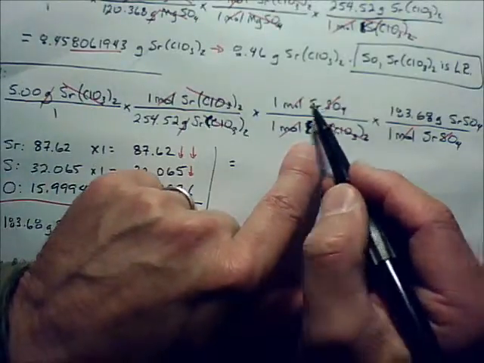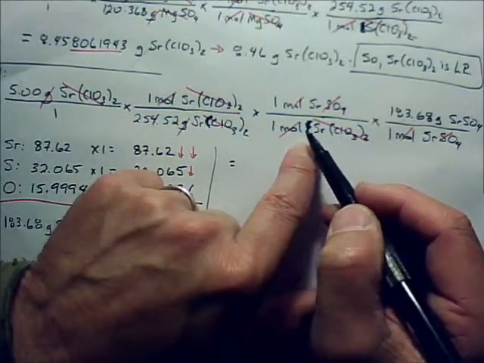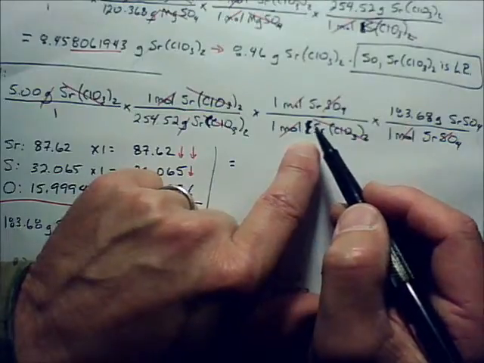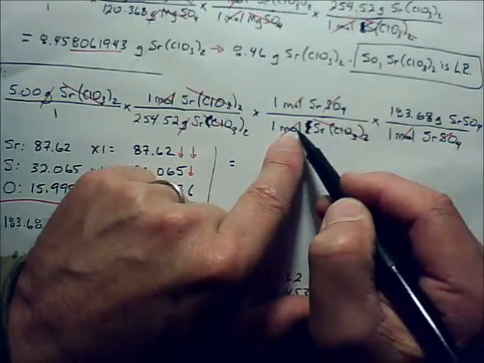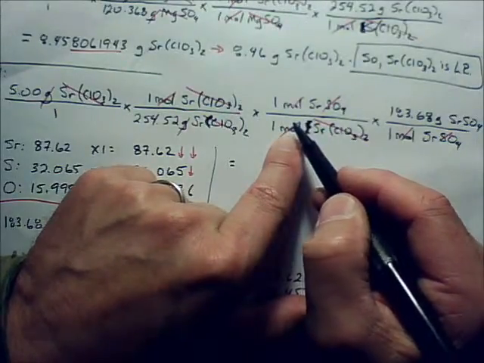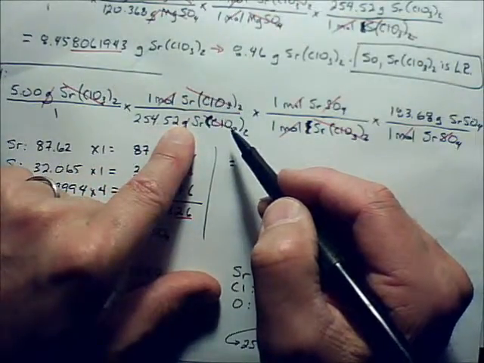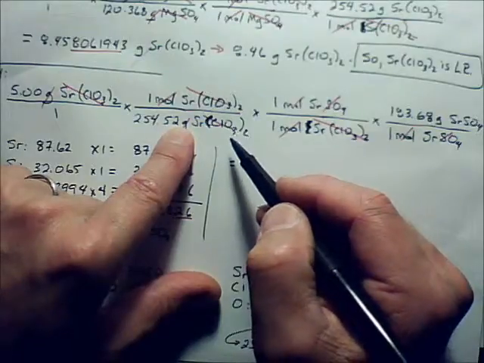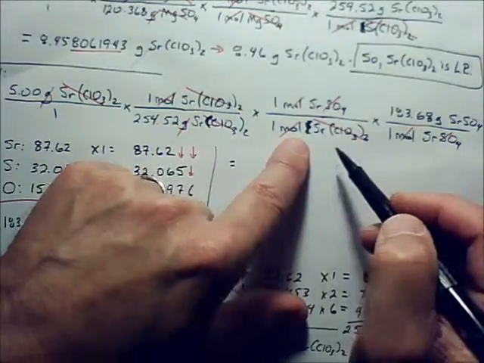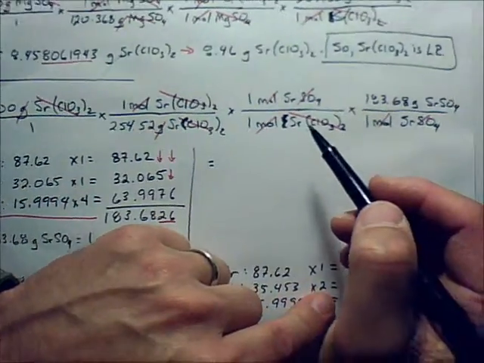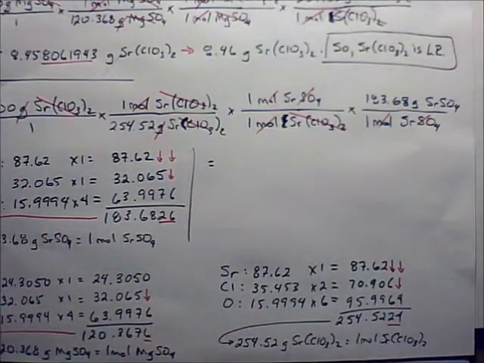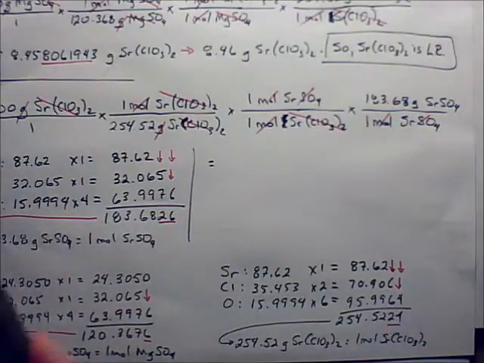So this molar ratio, which is not a unit, it is a conversion factor, but not a unit, because it doesn't equal 1. It has the same units in top and bottom. This one has the same species top and bottom. So you can only convert between units or species one step at a time. Just a little thing to help you check, and it might help you on a test. All right, so we're ready to do the math now.